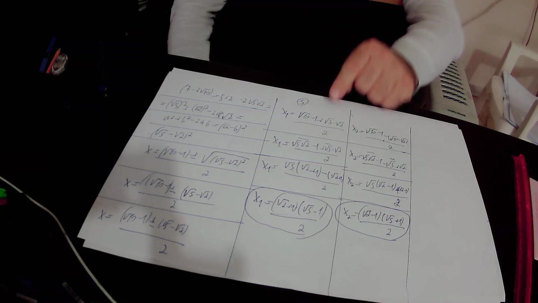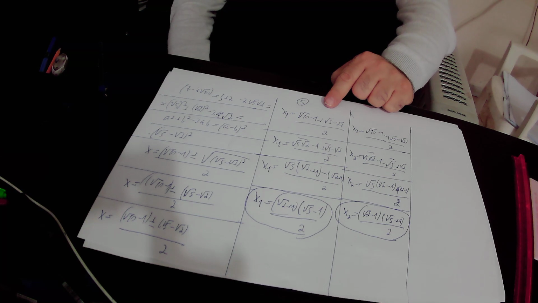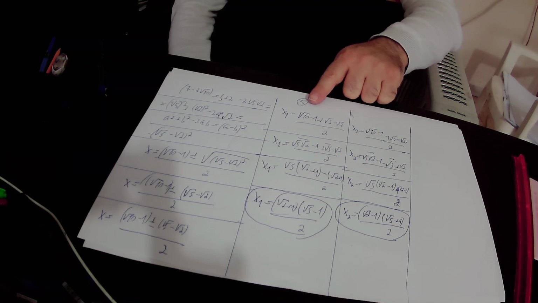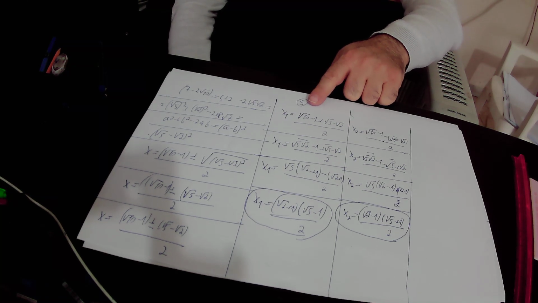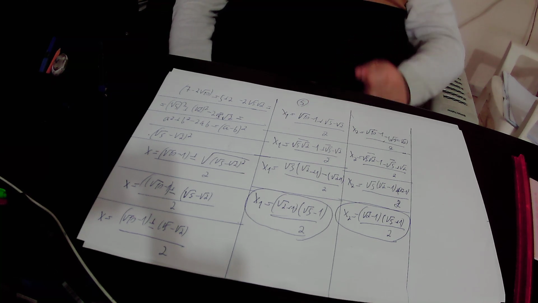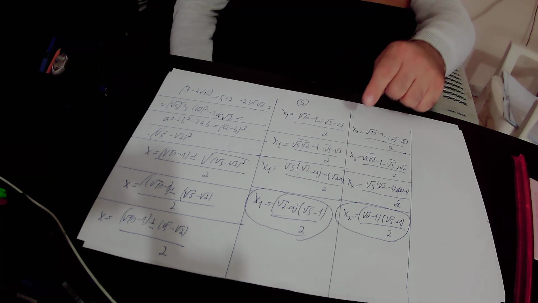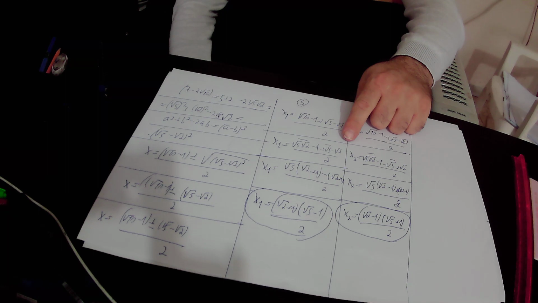Okay, so x1 equals this expression, and here we substituted square root of 10 by square root of 5 times square root of 2, and we found out that x1 equals square root of 5 times square root of 2 minus 1 plus square root of 5 minus square root of 2, over 2.